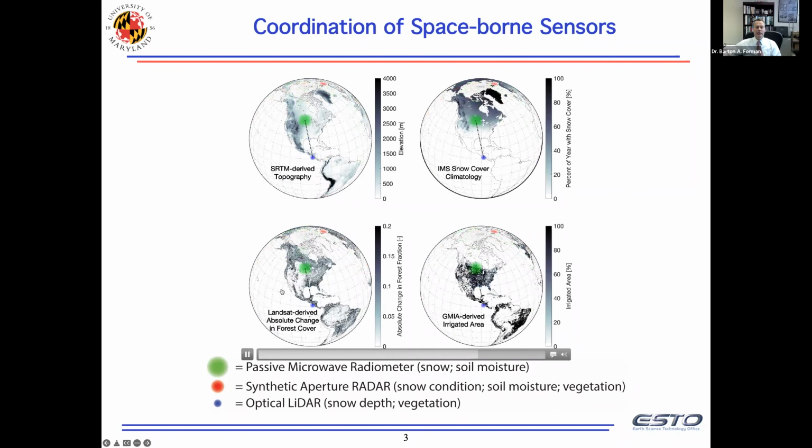We may want a different mixture of sensors if we care most about vegetation. Or here in the lower right, I'm showing irrigated areas. Perhaps we care more about soil moisture, and particularly soil moisture in the irrigated areas with high dollar agricultural crops. We may need a completely different mixture of sensors in space and time to optimally view these. The question becomes, how do we do snow, soil moisture, and vegetation simultaneously in the most efficient and optimal format?